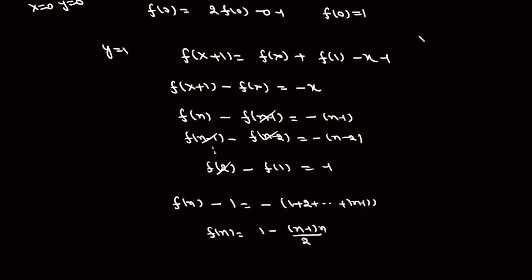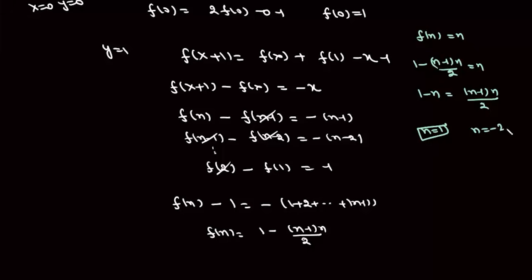So 1 - (n-1)n/2 = n, or 1 - n = (n-1)n/2. Now n - 1 will cancel, so one solution will be n = 1, and the other will be n = -2, which is not acceptable. So this equation has only one solution, and that'll be n = 1.